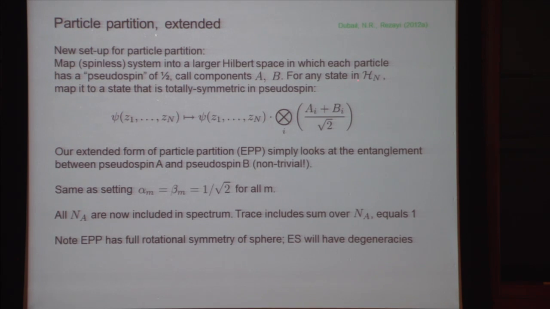To introduce those degrees of freedom into my state where they don't exist, I'll simply multiply my, let's say, totally symmetric state psi, which is equivalent to this wave function, by the spin state, which is just independent of everything about the z's, and it's just an unentangled state with A plus B for each particle.